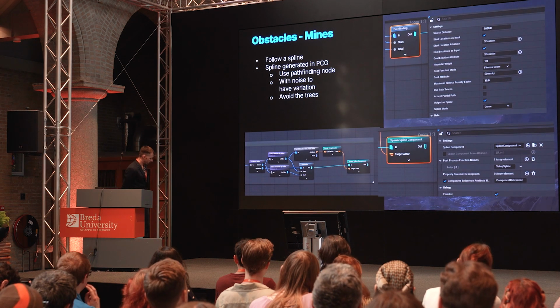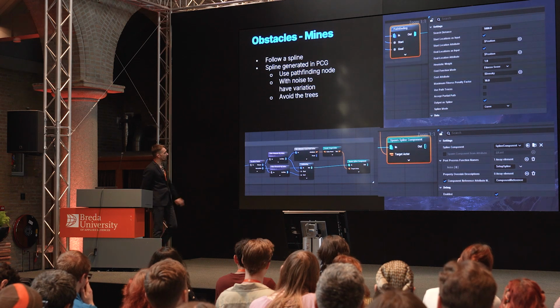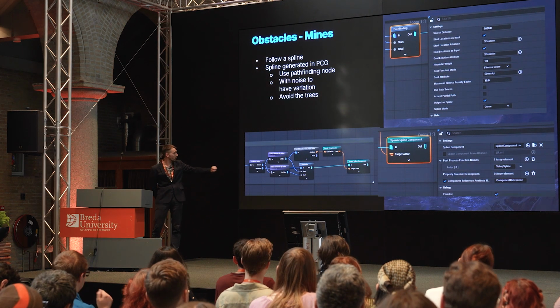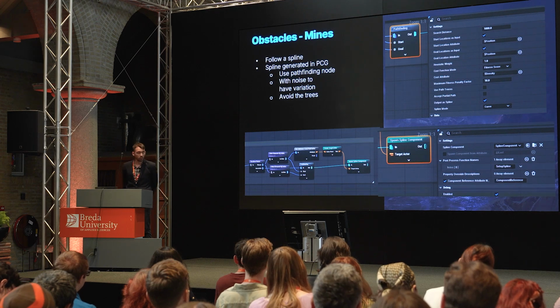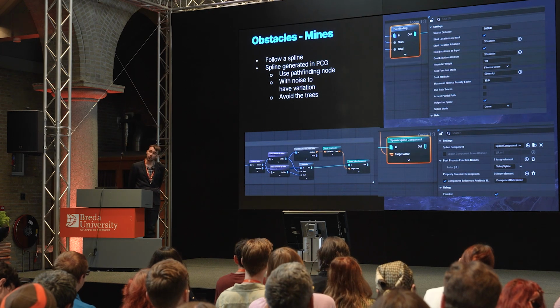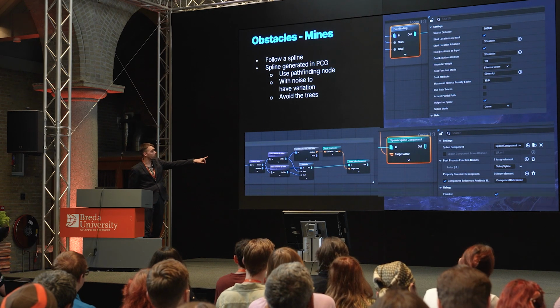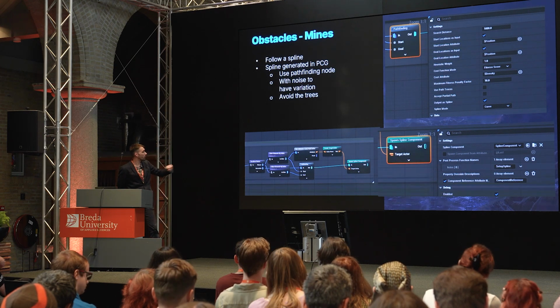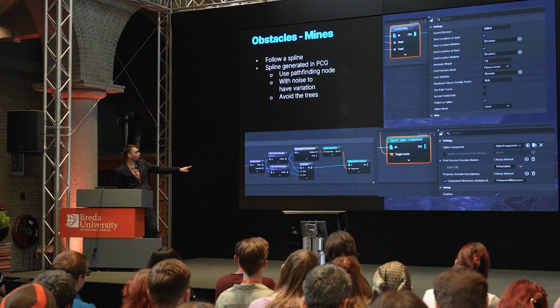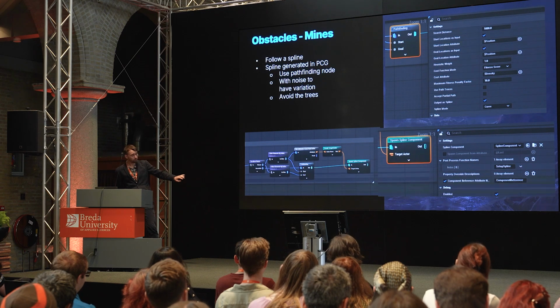So what I did is that from this grid, I'm just selecting two elements that are randomly chosen in my set. The first point, I'm going to spawn the mine on this, so that's going to be the target actor. I'm spawning a new actor at this position. And I'm going to do pathfinding on all the points between my start and my goal.